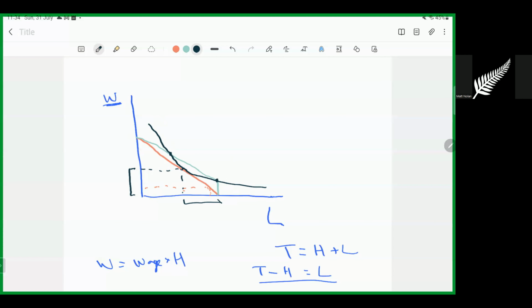Could be anywhere. It could be a point that's over here that involves us taking more leisure, or a point that's over here that involves us actually working more than we were before. Either could happen. Both of them are completely consistent with rationality.